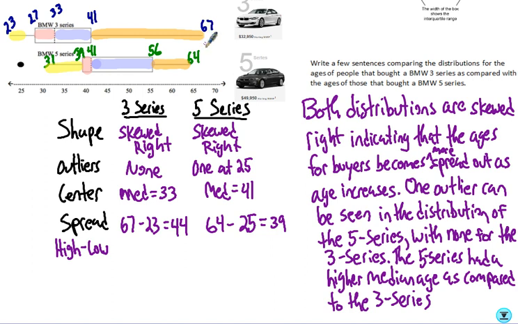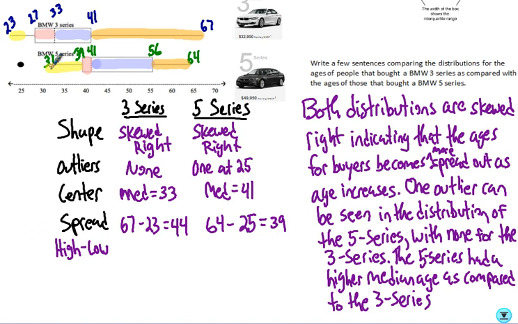So there's much more variability in the 3 Series buyer. It's anywhere from a 23-year-old to a 67-year-old, whereas the 5 Series is anywhere from a 25-year-old to a 64-year-old. And that 25-year-old is really an outlier. If we threw out the outlier, we're really saying from 31 to 64.